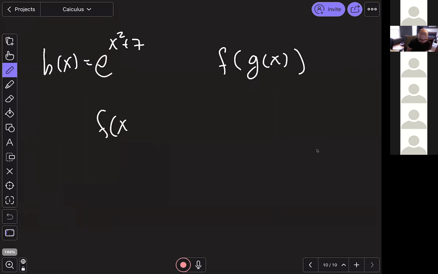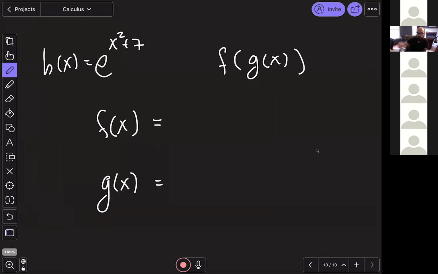And I want you to tell me what f of x is equal to and what g of x is equal to. Okay, so the key here is there's not just one answer to this question, so there could be a lot of different ways to write it as a composition, and you have to identify one of them. Okay. So take a minute here. What's our inside function?